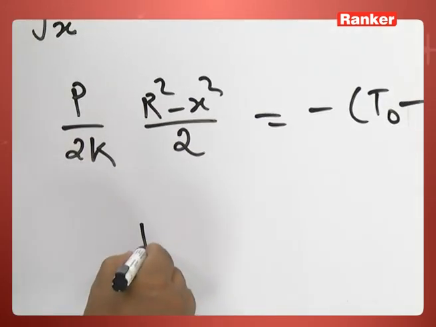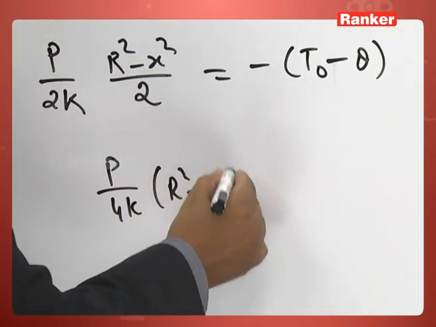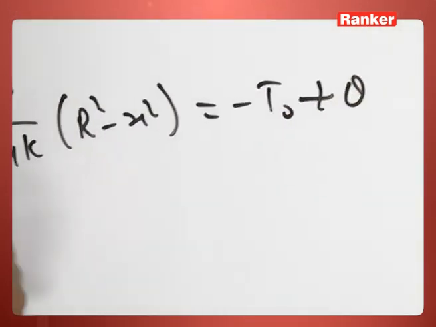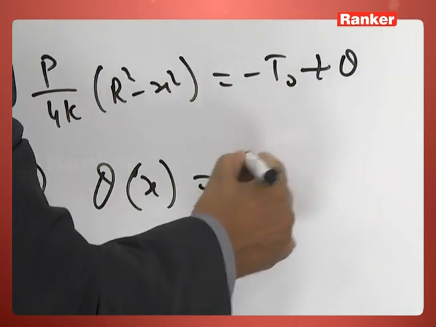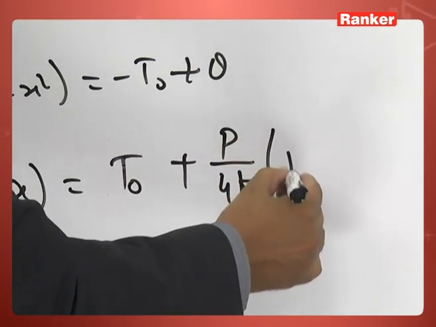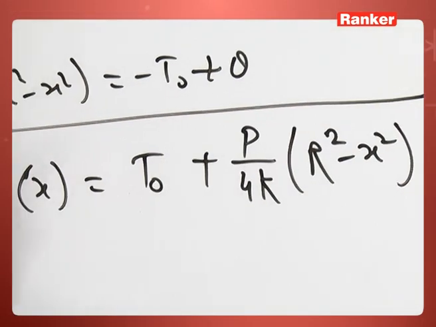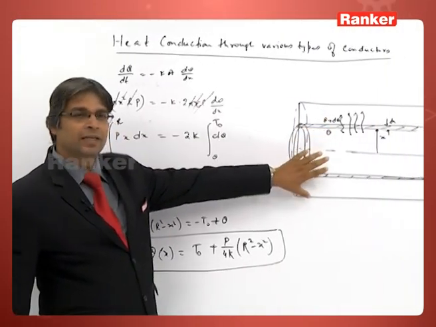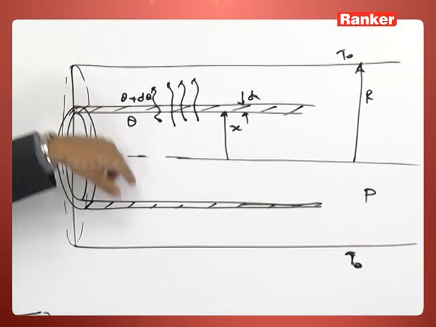So, here P by 4k r square minus x square is equal to minus T naught plus theta, implies the theta as a function of x becomes T naught plus P by 4k times r square minus x square. So, you see, this is how the temperature variation will be there in a cylinder when the heat is produced throughout the bulk.